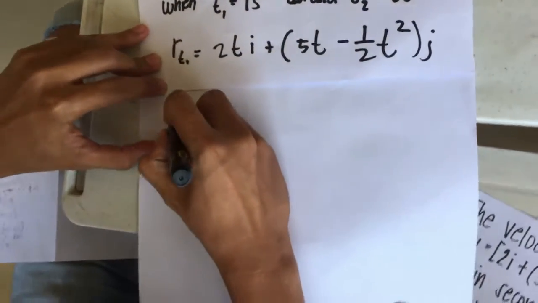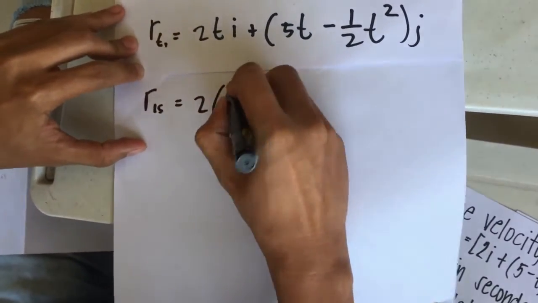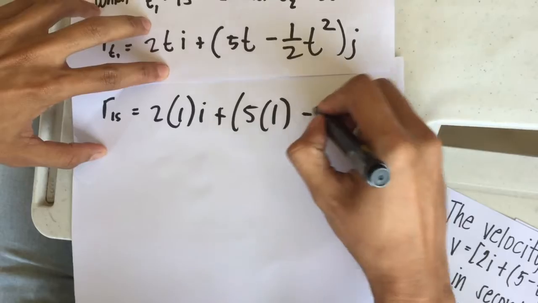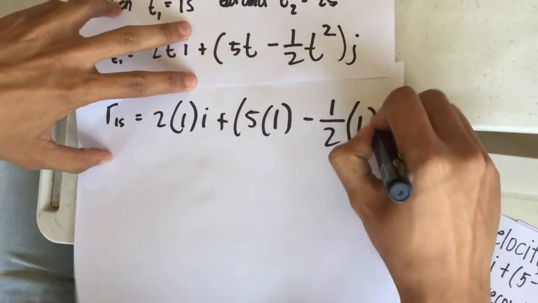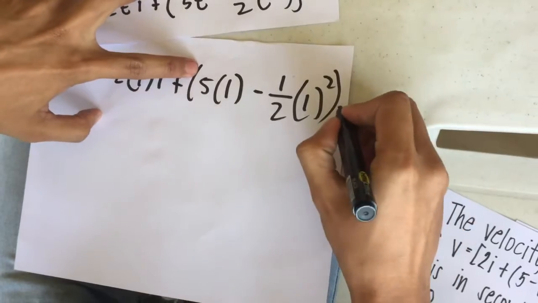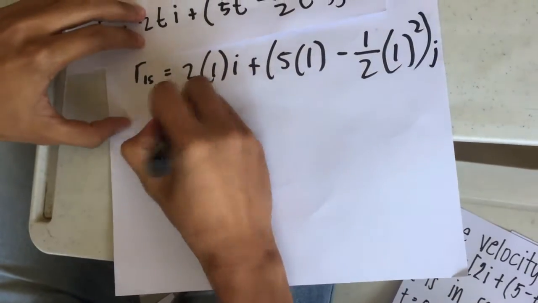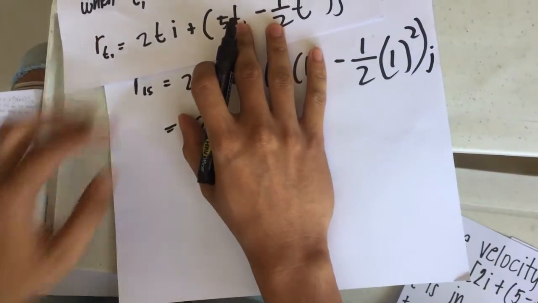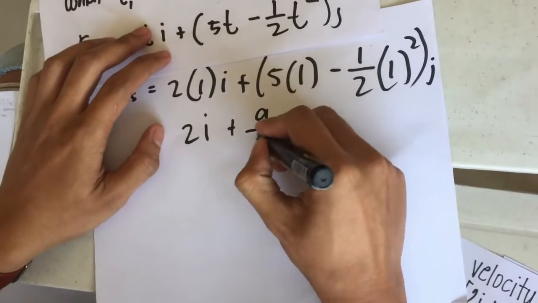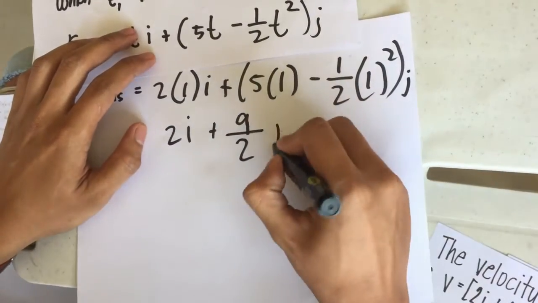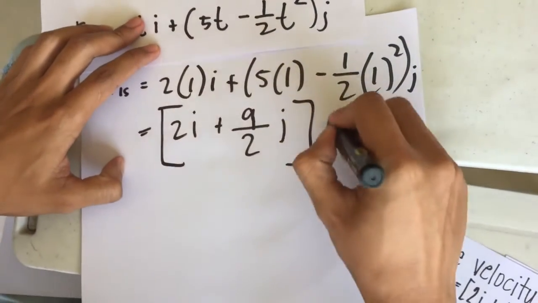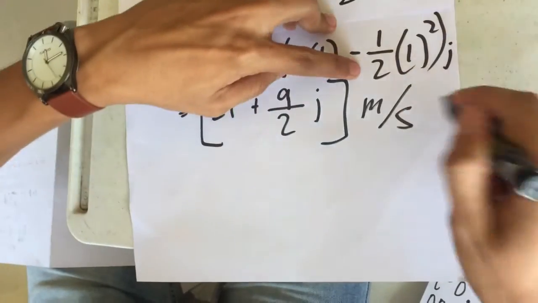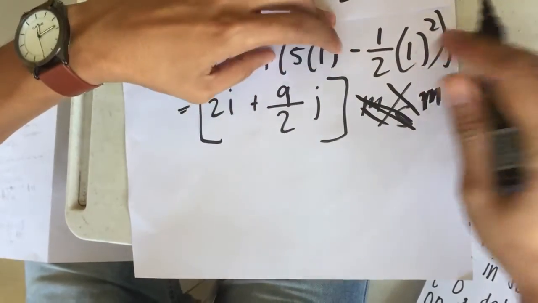So r at 1 second is equal to 2 times 1 i plus (5 times 1 minus 1/2 times 1 squared) j. So we have 2i plus 9/2, or 4.5, j in terms of meters. I will correct this to be in terms of meters.